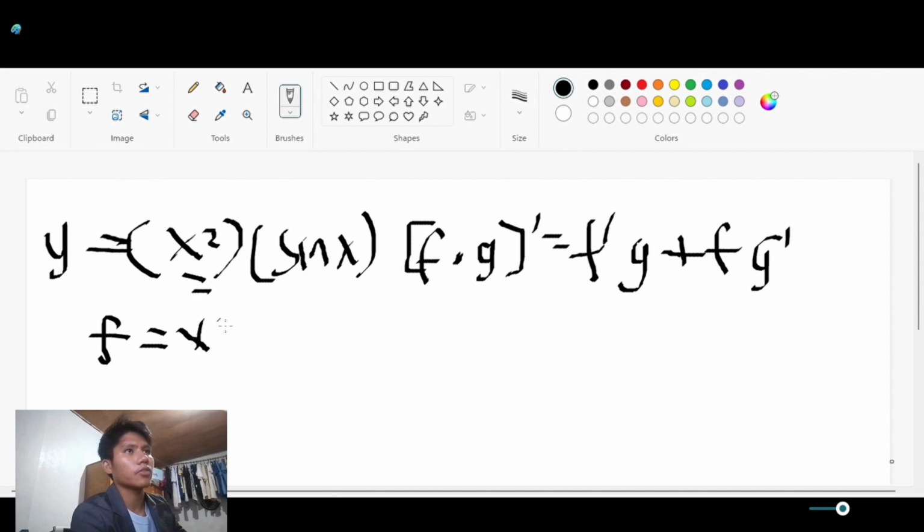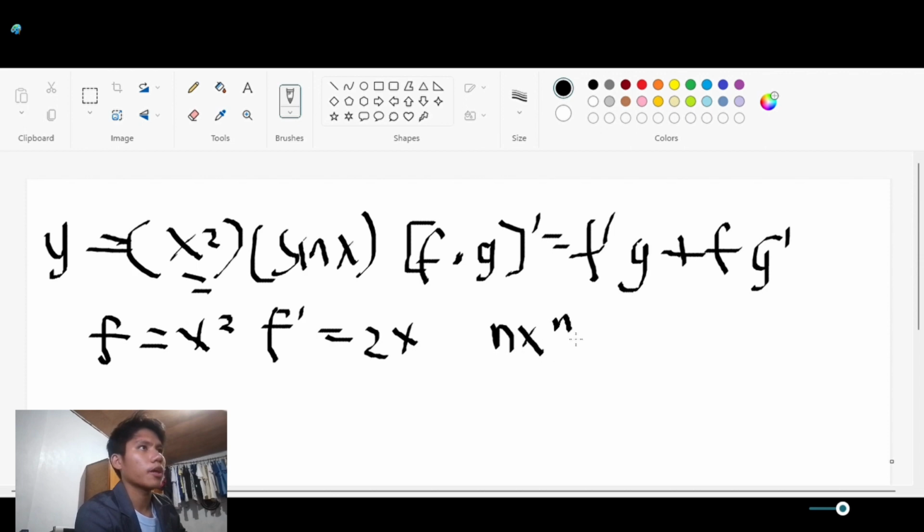Then our f prime would be 2x, following our power rule, n x to the n minus 1.